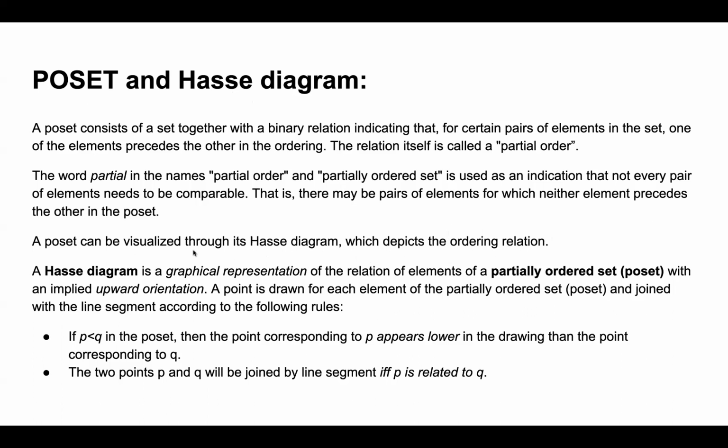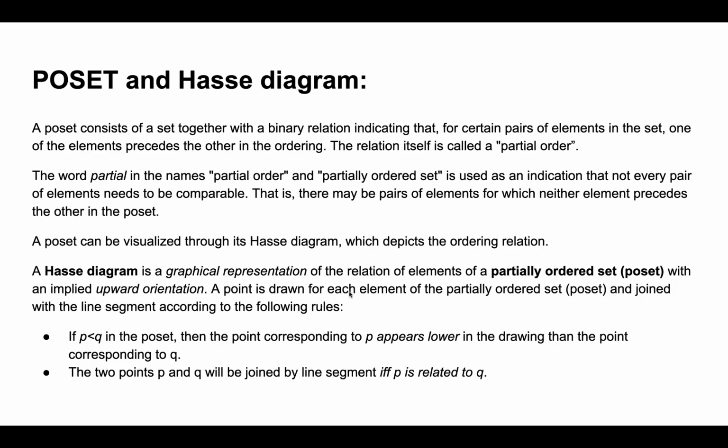Okay. A Hasse diagram is a graphical representation of the relation of elements of a partially ordered set with an implied upward orientation. Upward orientation means the base, the main core part, will be at the bottom, and in the upward direction other sets will be there.